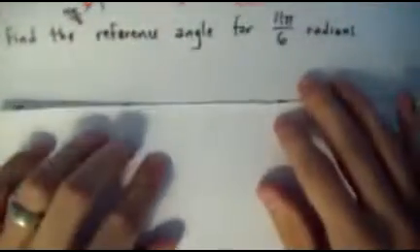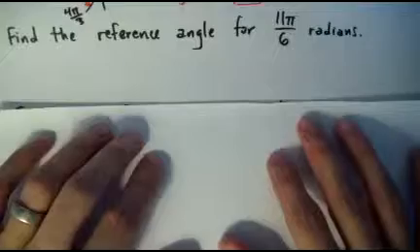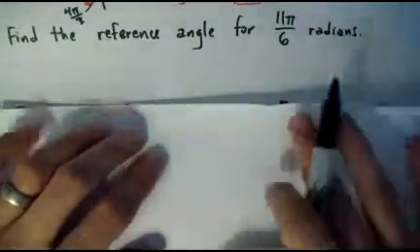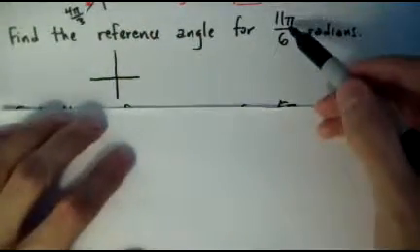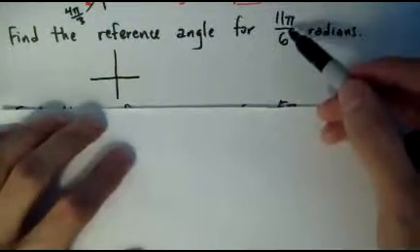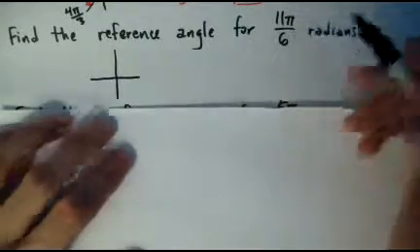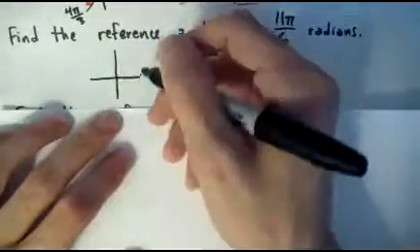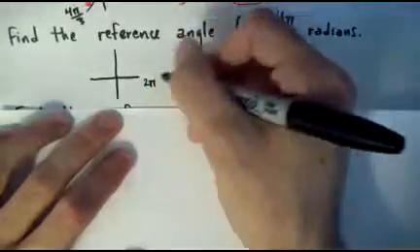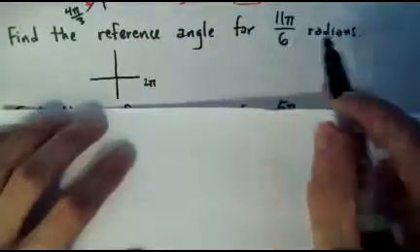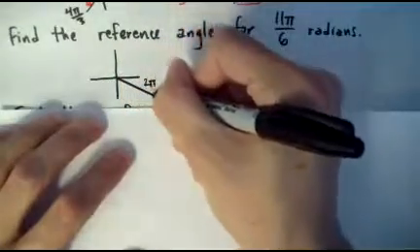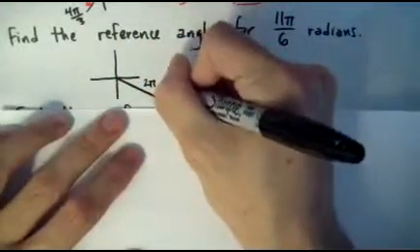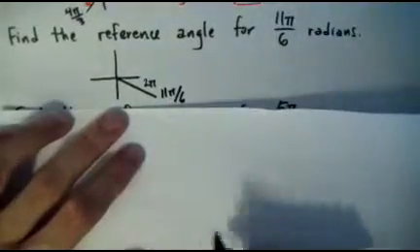Now, what is the reference angle for 11 pi over 6 radians? 11 pi over 6 is just a little bit less than 12 pi over 6, which is 2 pi. Remember that all the way around the circle is 2 pi. So this is a little bit less than 2 pi, and sits somewhere over here. That's where 11 pi over 6 is.